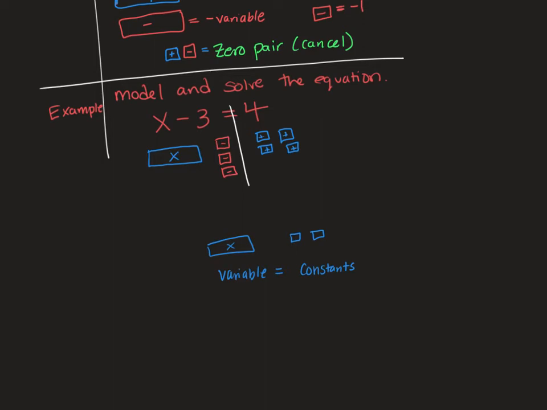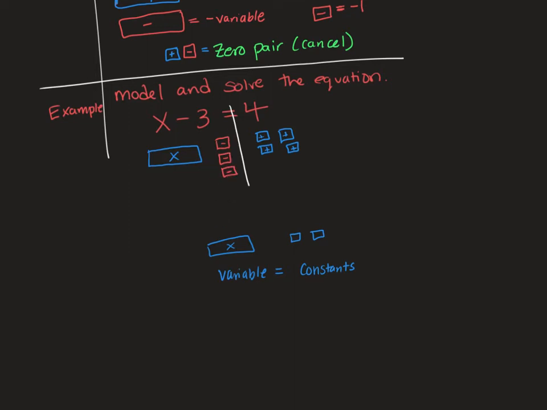Okay, so in this case, I see that I have 3 negative constants. And in order for me to get rid of those negative constants, I want to add to this section 3 positive constants, because 3 positive constants will cancel out those 3 negatives.